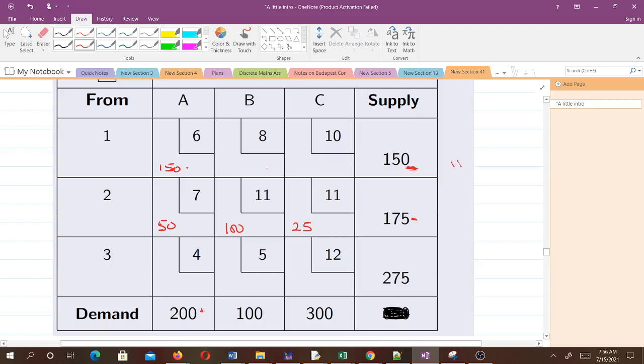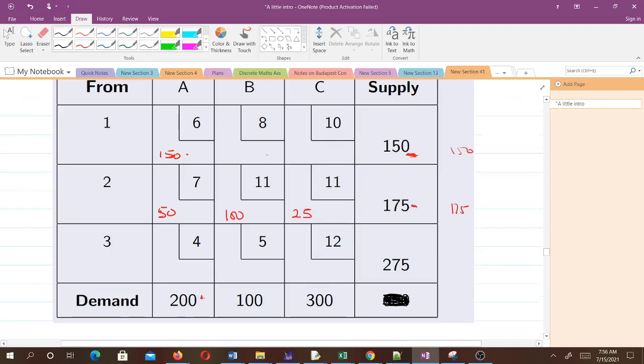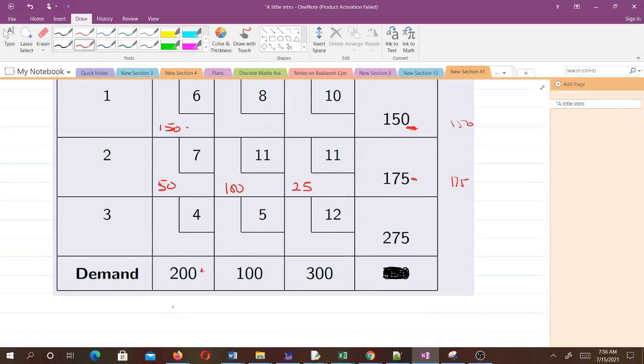We have supplied all the 150. Here we have supplied all the 175. Here all the demand, which is 200, has been met, and here all the demand, which is 100, has been met. Here we need a demand of 300, but the demand of 225 has already been satisfied, and here we needed a supply of 275.